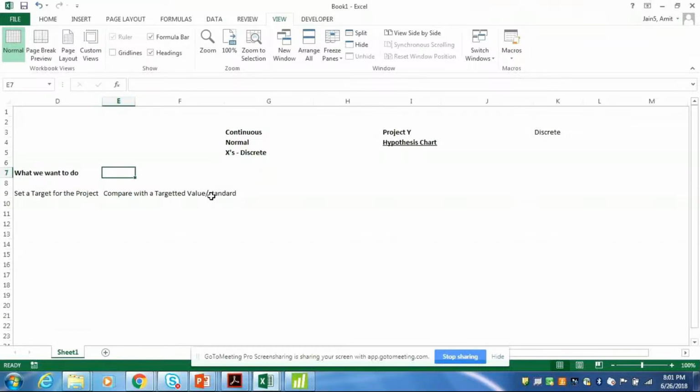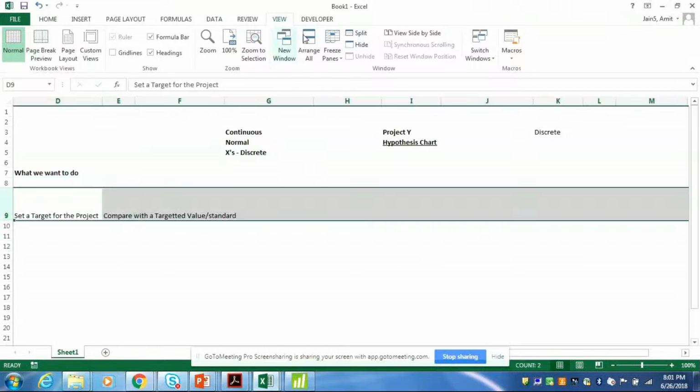You've initiated the project, and you're saying we would want to reduce it to 15 minutes. Is 15 minutes a good enough target to be taken for the project? How would you find out? There is a test for that. If it is normal and you want to set a target for the project, the test that you would use compares it with a targeted or a standard value.